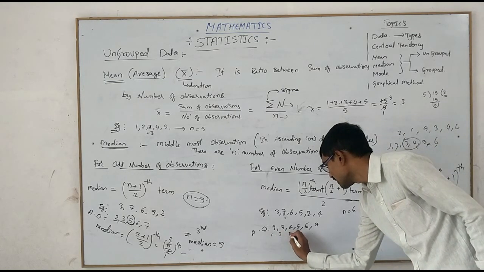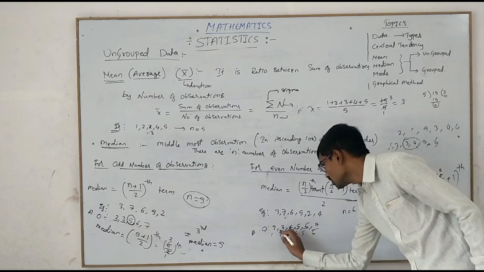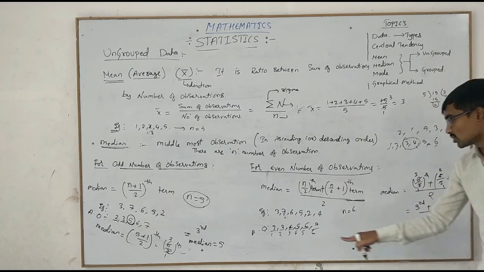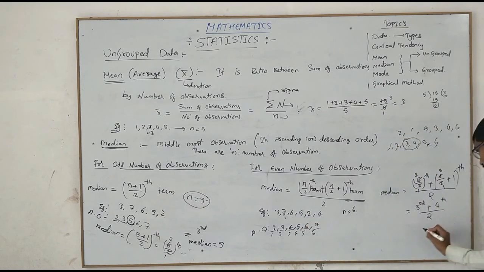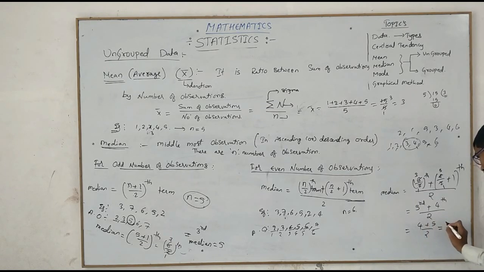This is the first term, this is second, third, fourth, fifth and sixth term. So I have to take the average of the third term and the fourth term. The third term is 4 and the fourth term is 5. Therefore 4 plus 5 divided by 2, that is 9 divided by 2.